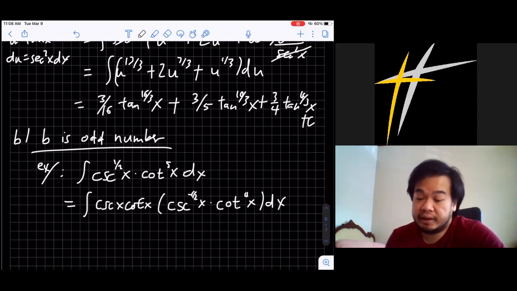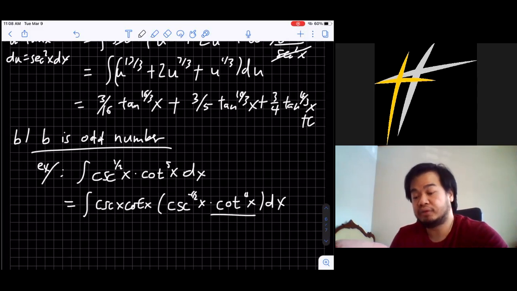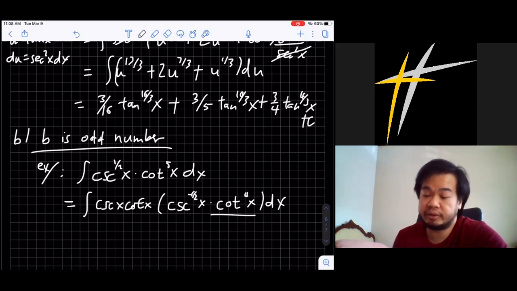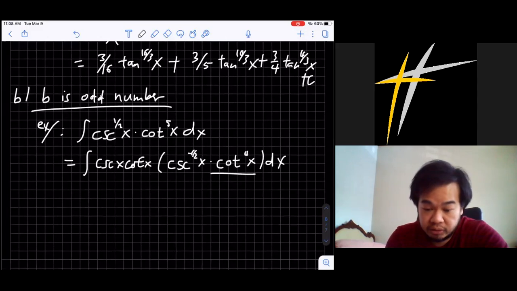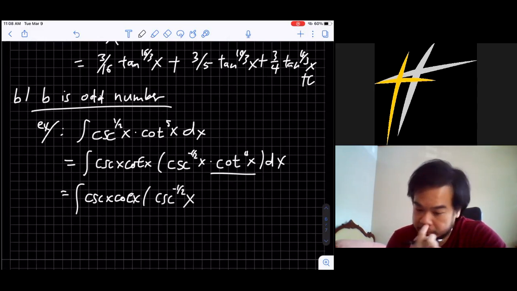Okay. And then we are going to transform the cotangent square x into cosecant square x minus 1. So it's equal to cosecant x cotangent x times cosecant power negative half x times cosecant square x minus 1 being squared dx.